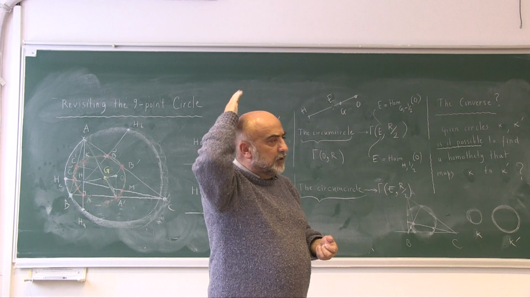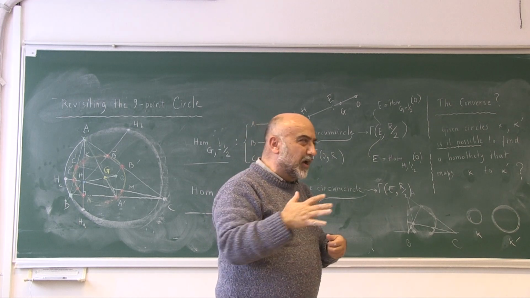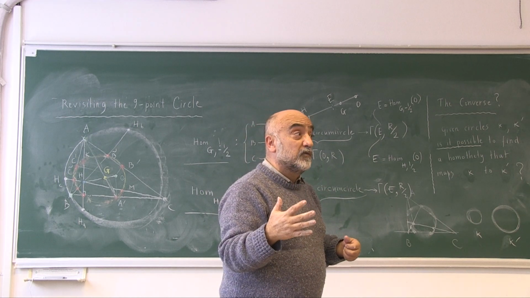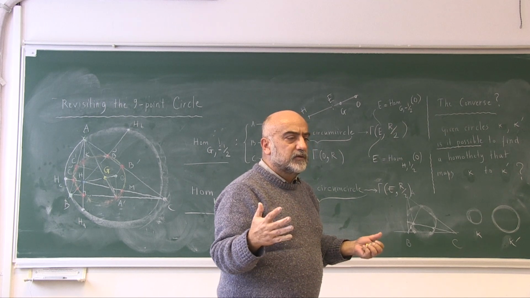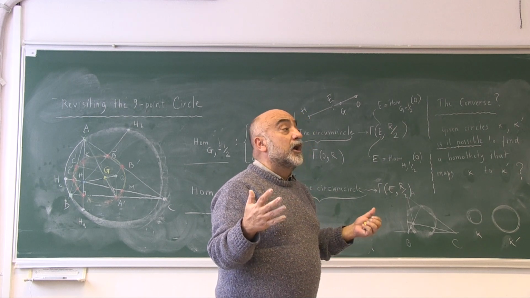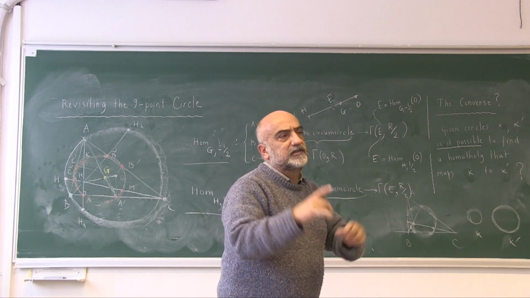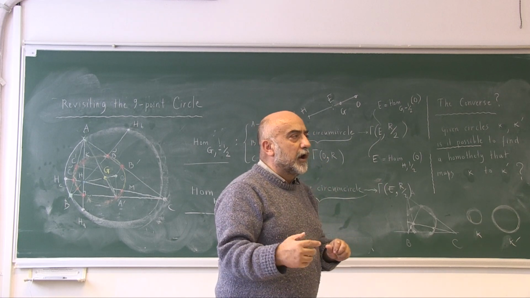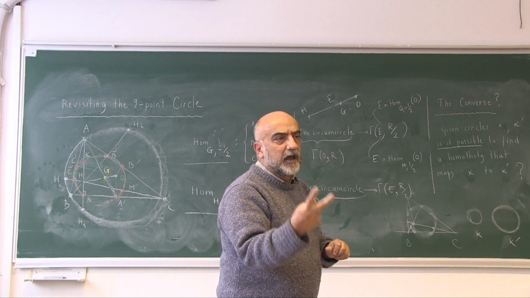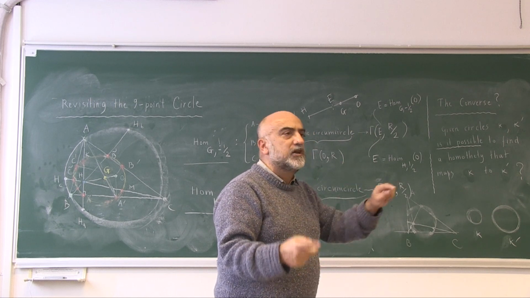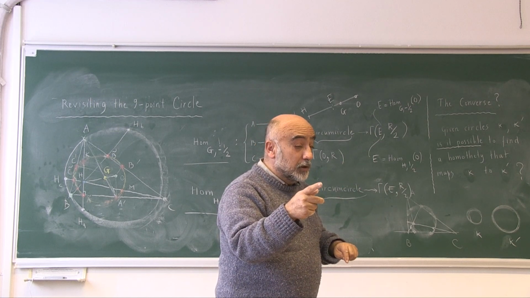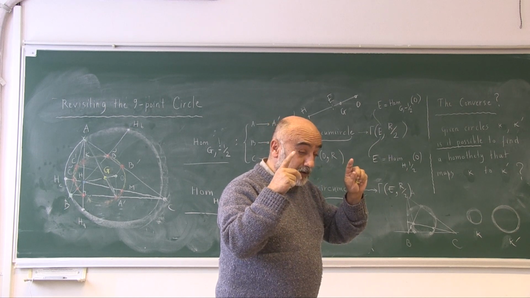You have noticed something, you have observed something, and now you have taken another step. You have looked at it from the point of view of an entirely different thing, from the point of view of homotheties, and you find that the unifying picture is obvious. The 9 points are on this circle, because this circle and the circumcircle are homothetic in 2 ways, and those homotheties have centers G and H. Yes.